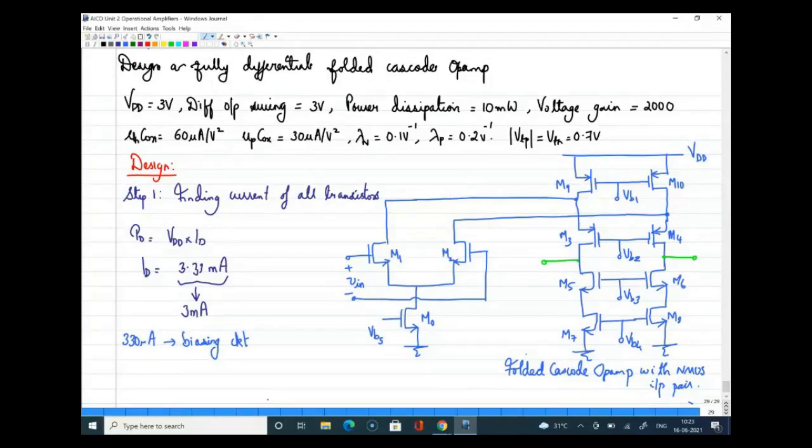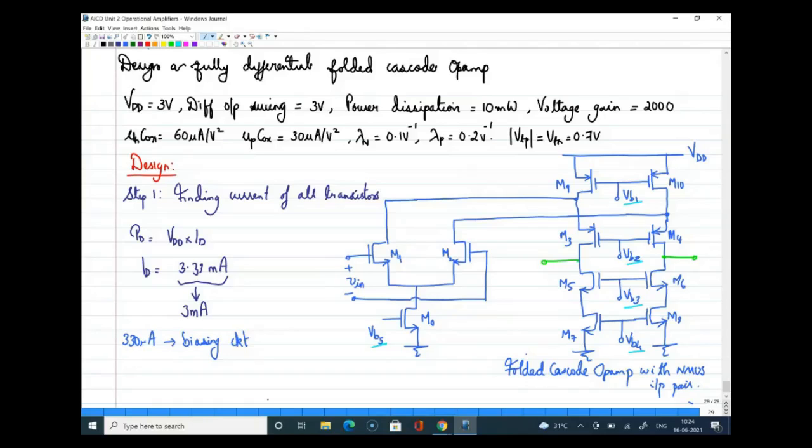Yeah, I think Anushka has a question. For what biasing circuits will this 0.33 milliamps current be used exactly? Yes. See, look at this. You need to generate VB1, VB2, VB3, VB4, and VB5. We need to generate 6 bias voltages. Along with that, you need a common mode level voltage for the input transistors as well, right?